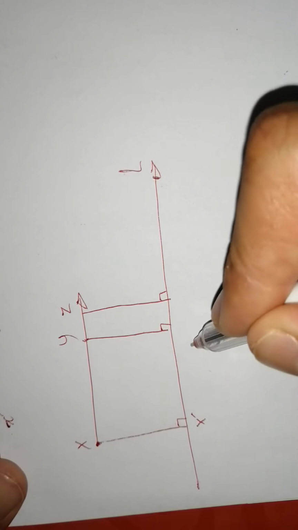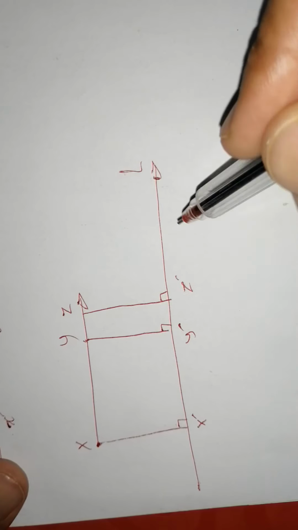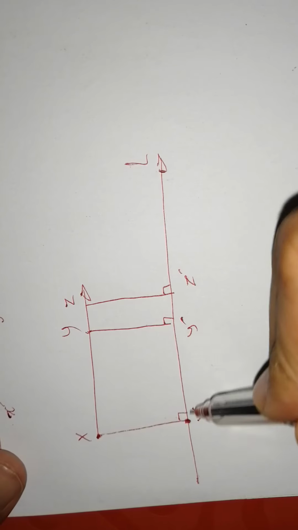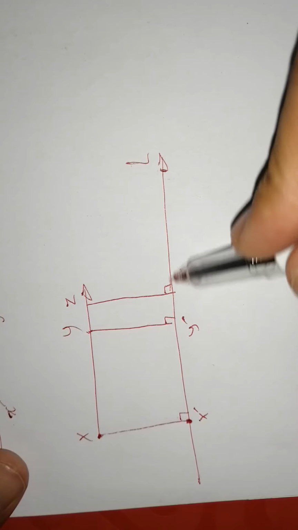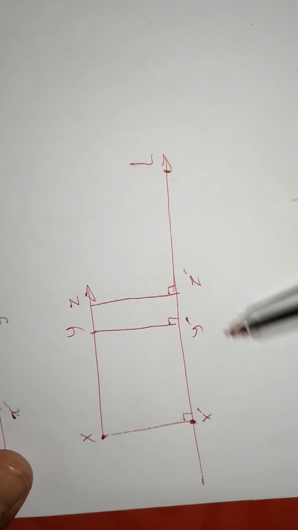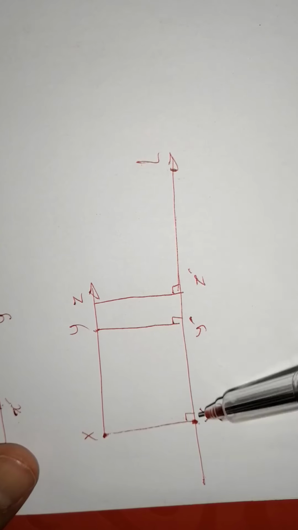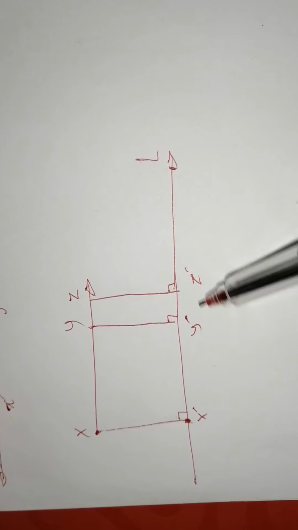You are going to get another ray which is named X dash, Y dash. So the projection of a ray XY is another ray over the straight line, which is named X dash, Y dash.